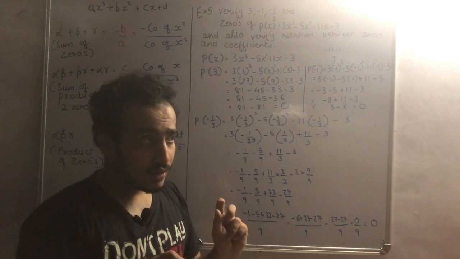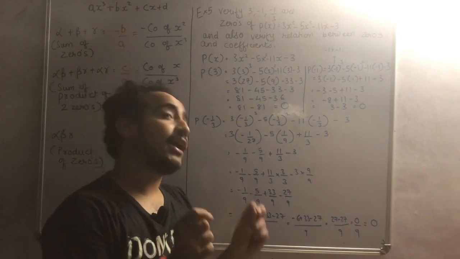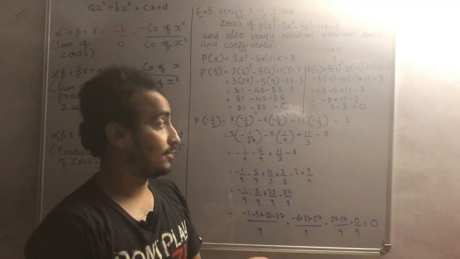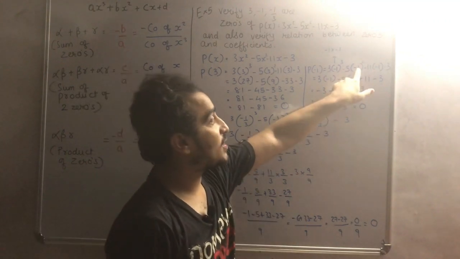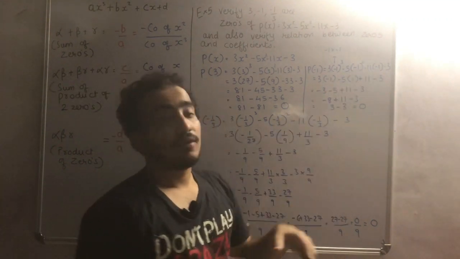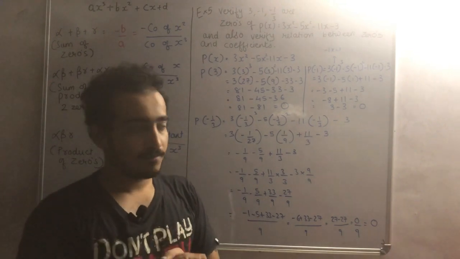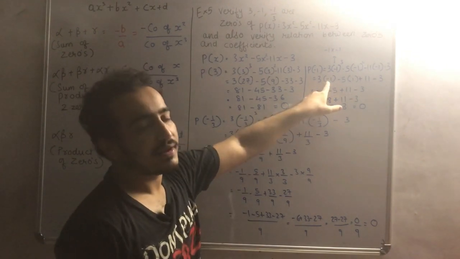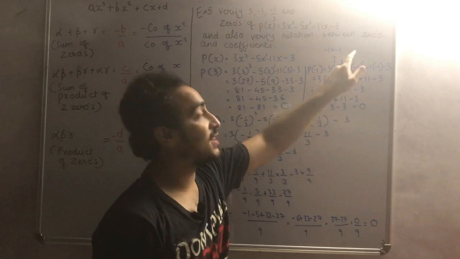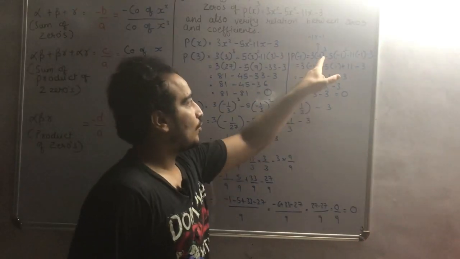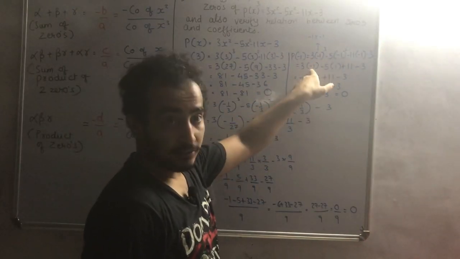If the power of a negative number is even, we get a positive number. Here the negative number is minus 1, the power is 3, which is odd, so the answer is negative.